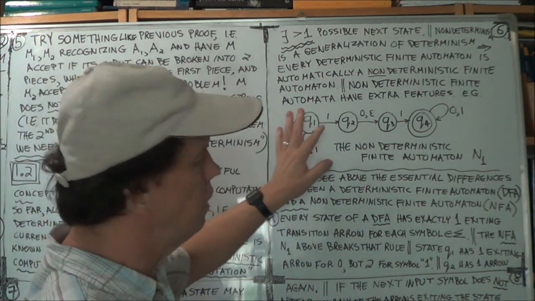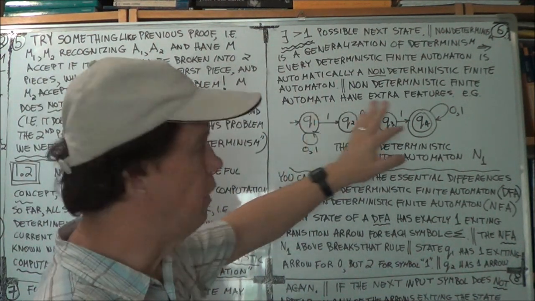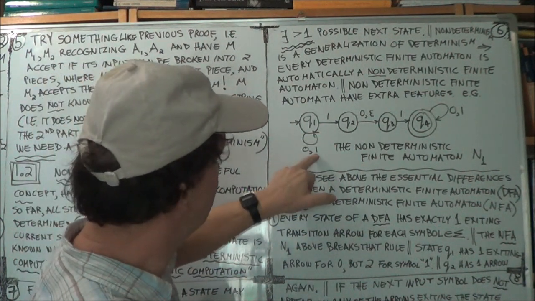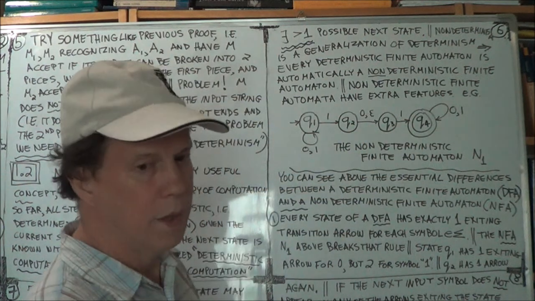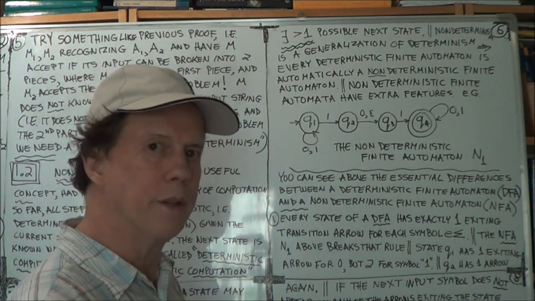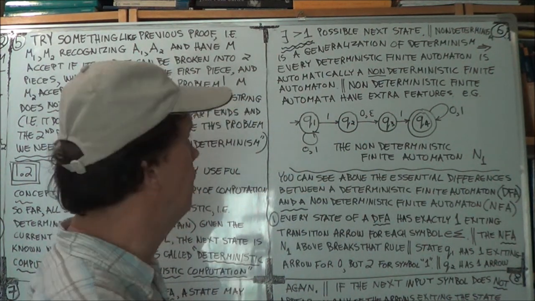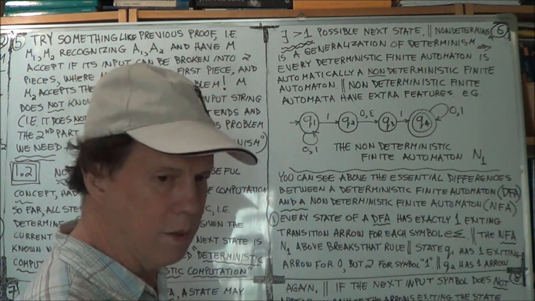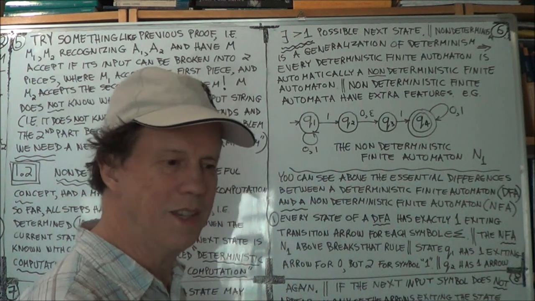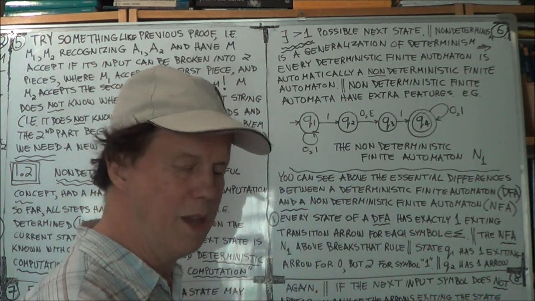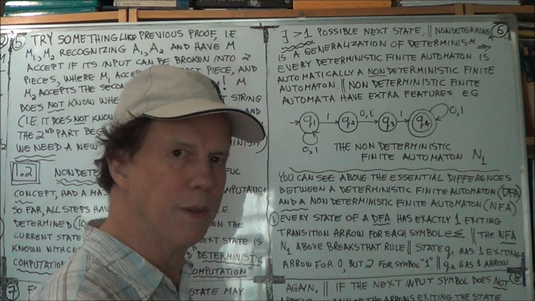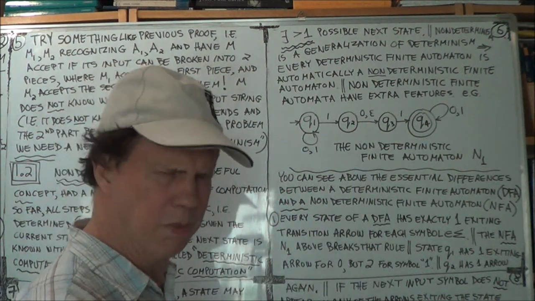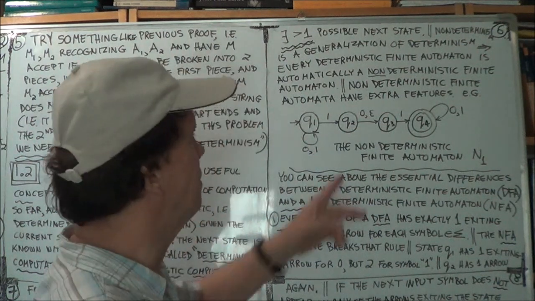Because in a deterministic finite automaton, the labels on the transitions are symbols of your alphabet. They have to be. But the eta is not a symbol of your alphabet. Eta means the empty string, no symbol. So what's all that about? That's odd.